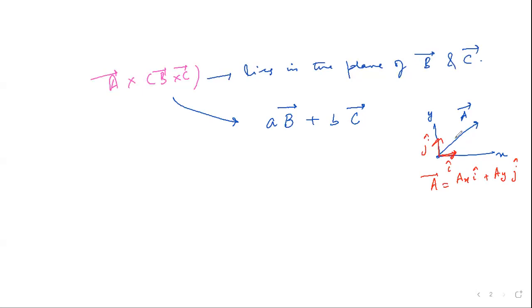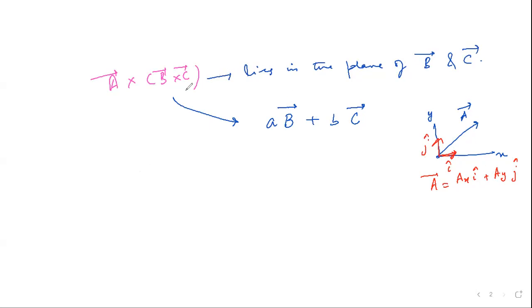We split this vector into i and j. Ax and Ay are the numbers which scale, which get multiplied to i and j respectively.